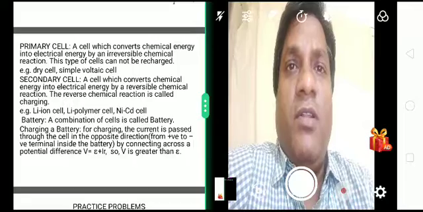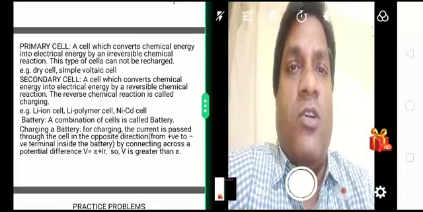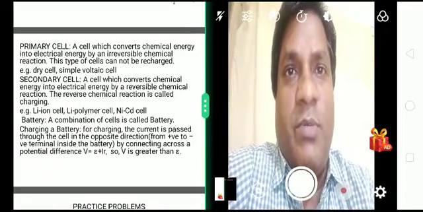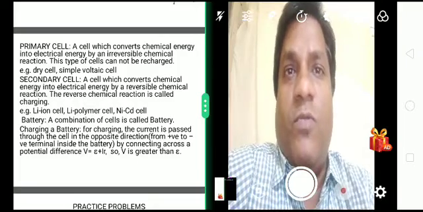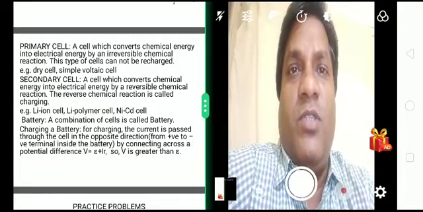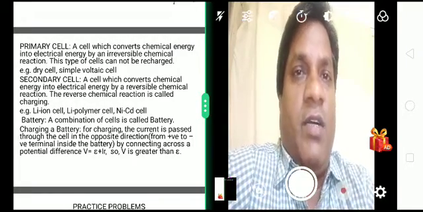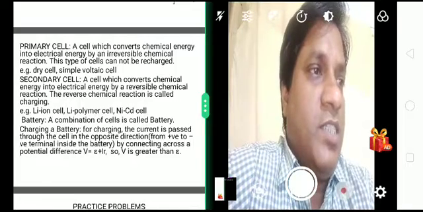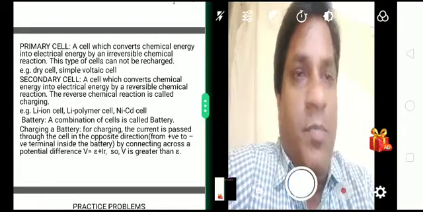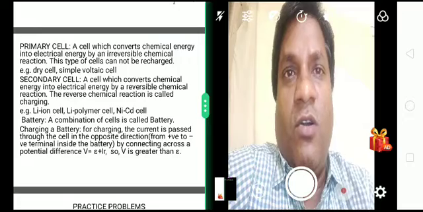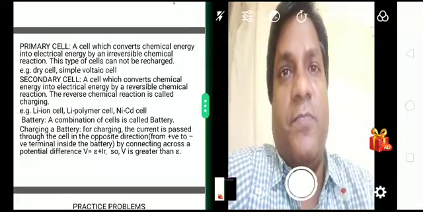Examples of primary cells are the common types of cells which we use once and throw. The dry cells used in torches, in our watches, then in remotes, etc. These are all primary cells.